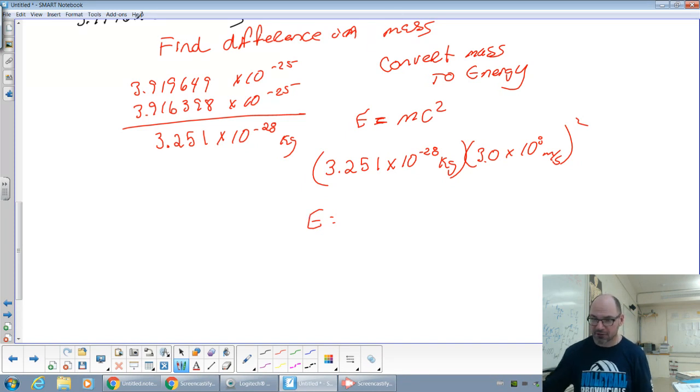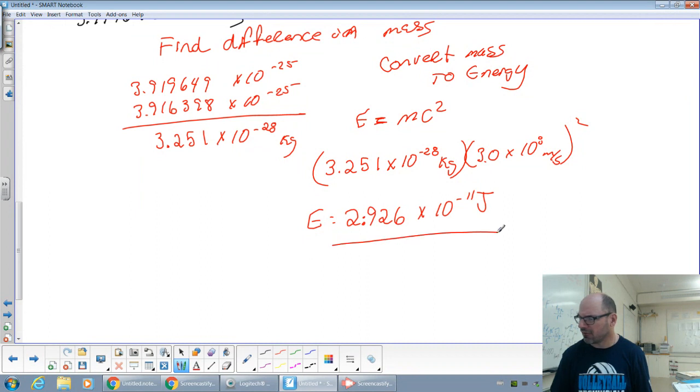When I do that one, it looks like 2.926 times 10 to the negative 11 joules. Now you're thinking, well, that's not much energy, right? But that's per nuclear reactant splitting.